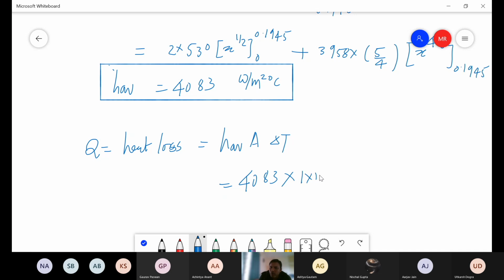So we have 1 into delta T. Delta T will be 70 minus 25. So what we are going to get is 18.37, into 10 raised to the power 3, in watts. Do you all agree?